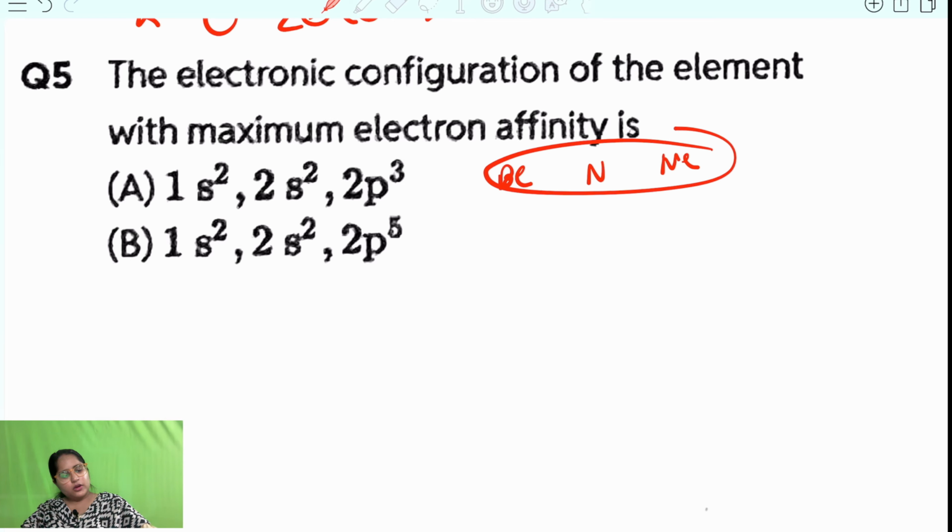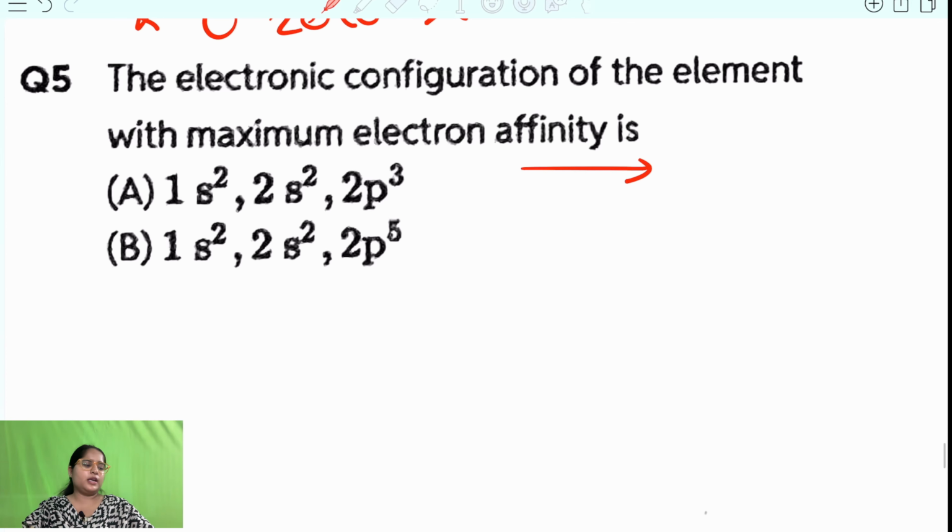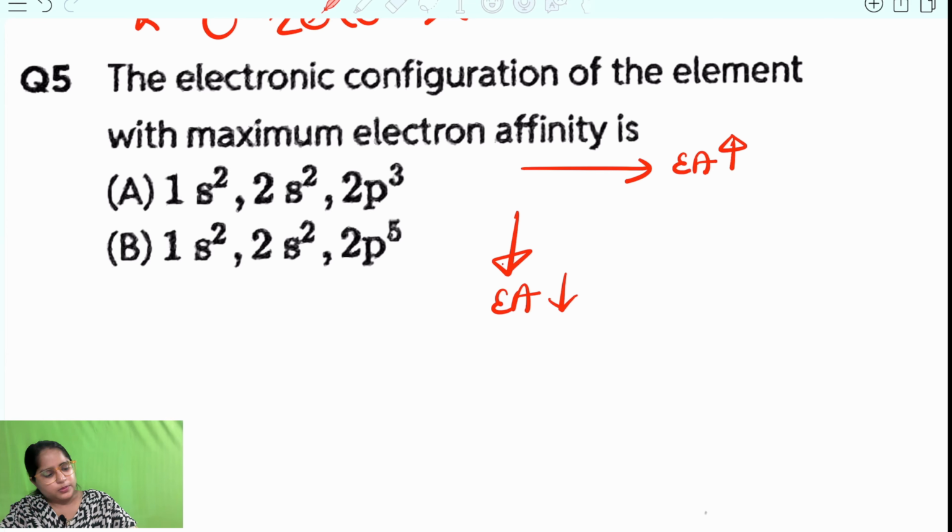It is the same as ionization energy: left to right electron affinity increases, down the group electron affinity decreases. So 1s2, 2s2, 2p3 is nitrogen, and 1s, 2s, 2p then it is our fluorine.